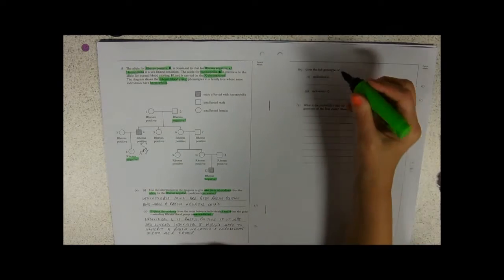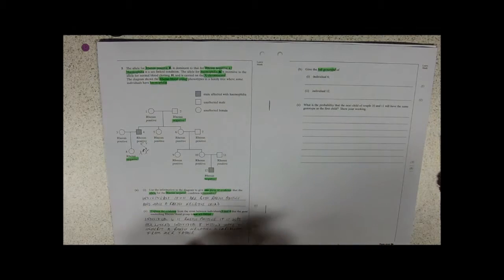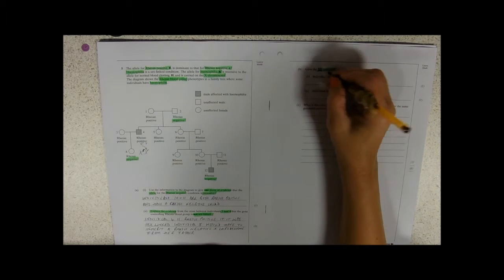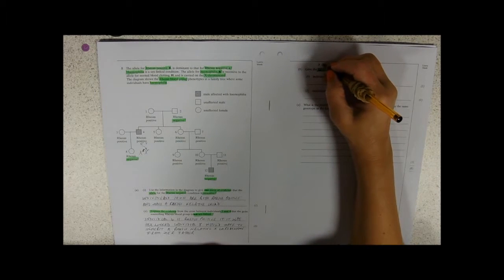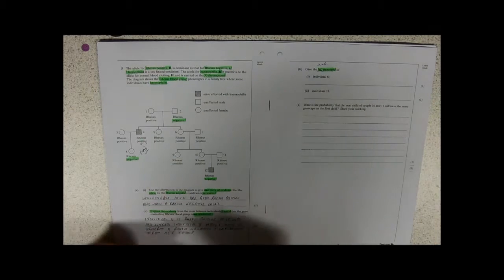So, give the full genotype. That means haemophilia and so the H and the R alleles. So let's have a look at individual 6.